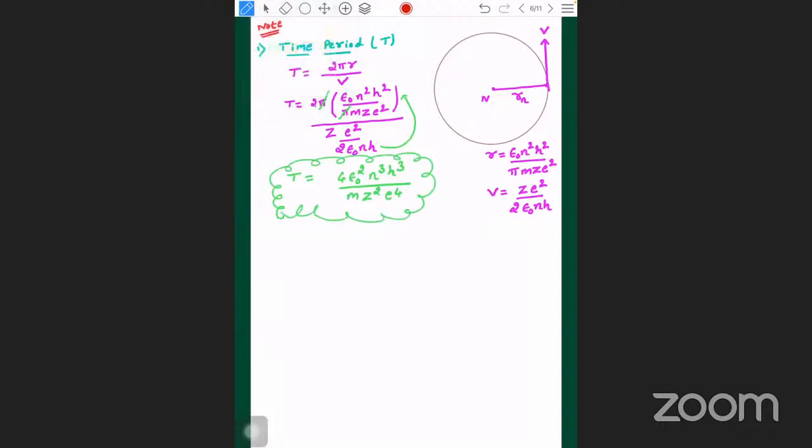The conclusion is that the time period T is directly proportional to the cube of the principal quantum number. This clearly tells us that as orbit number increases, the time period also increases.